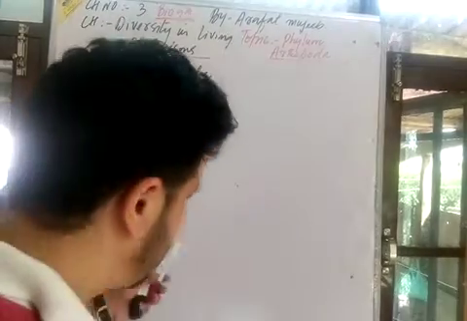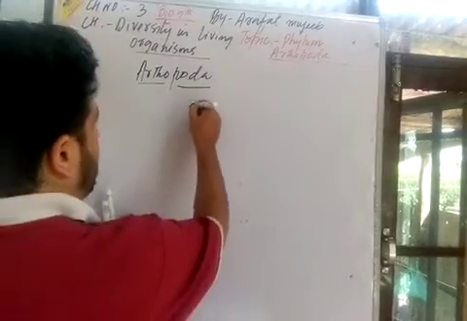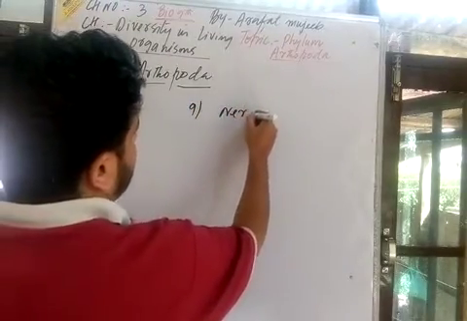In Arthropoda, the ninth one is the nervous system की बात हम कर लेंगे.